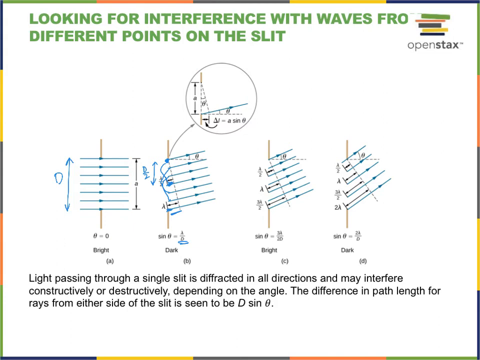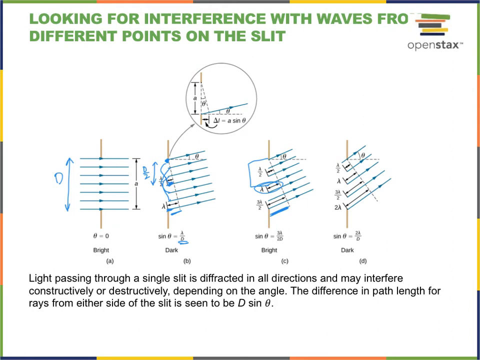Where the difference across the whole length is more like half a wavelength or some odd multiple of a half wavelength, we're actually going to find partners along the way that are only a wavelength out of sync with each other, and those are going to create bright spots. Basically, the rule for how to make a bright spot and a dark spot are exactly opposite of what we found with the double slit.